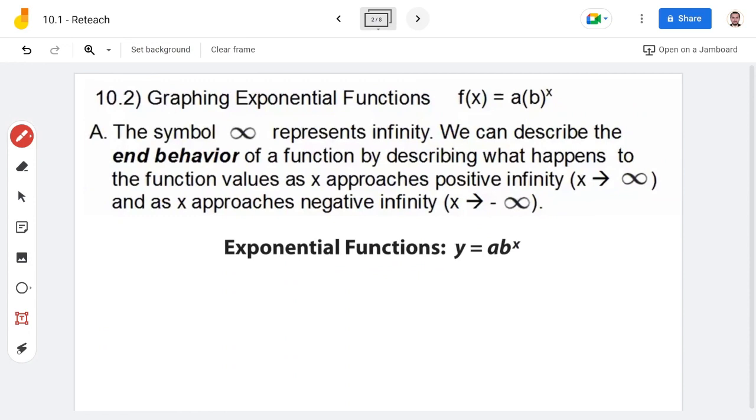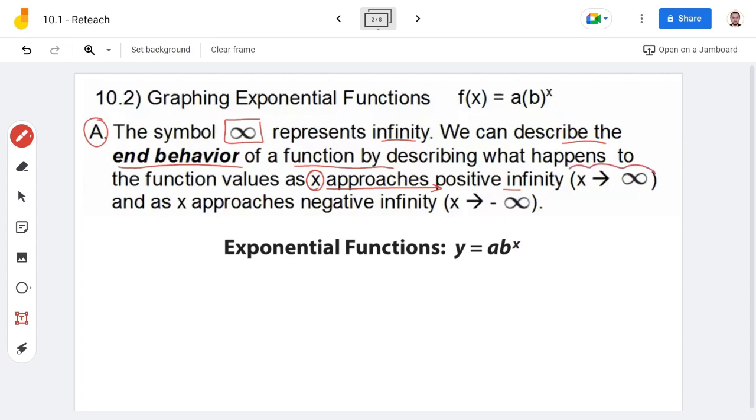Now, let's go to 10.2. First, the exponential function. Let's start with the symbol. This symbol we call infinity. We can describe the end behavior of a function by describing what happens to the function value as x approaches positive infinity.